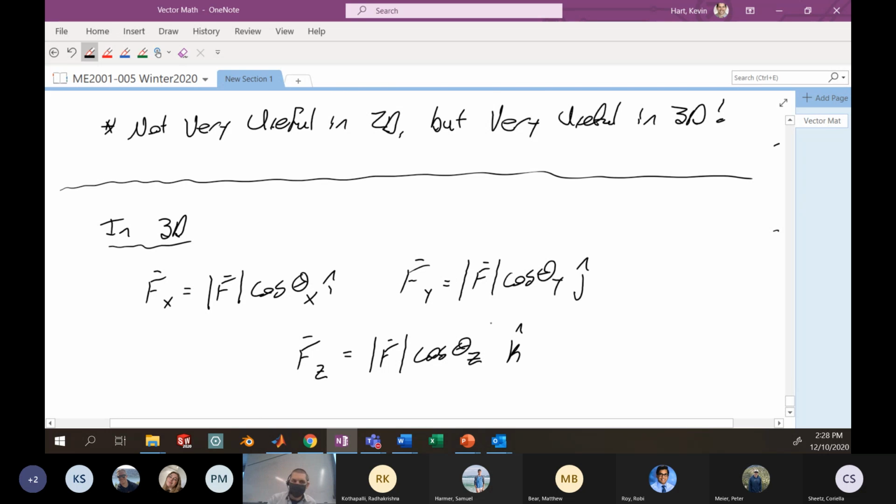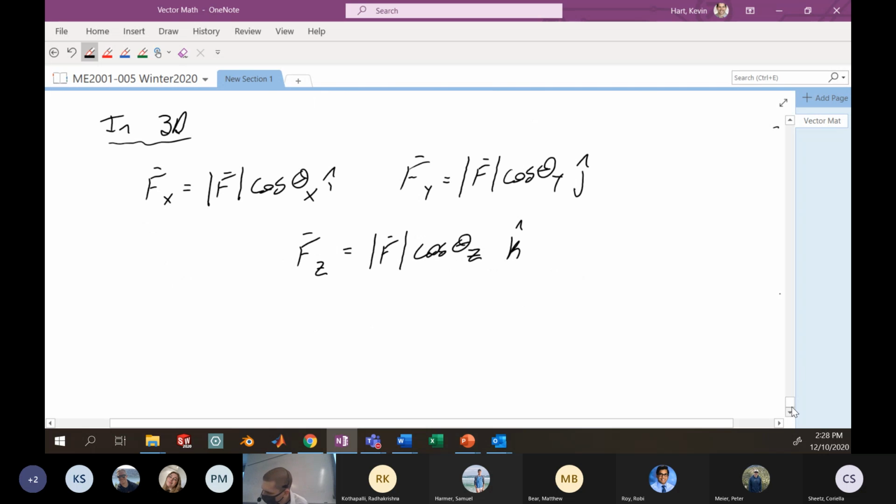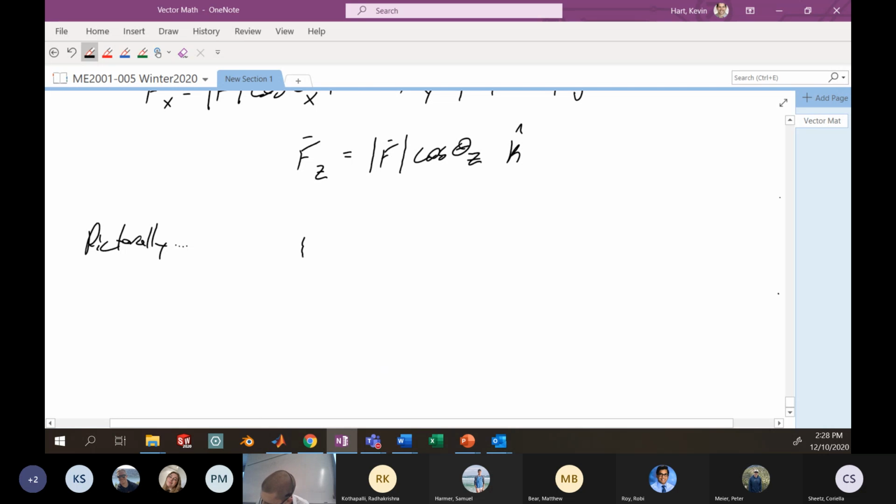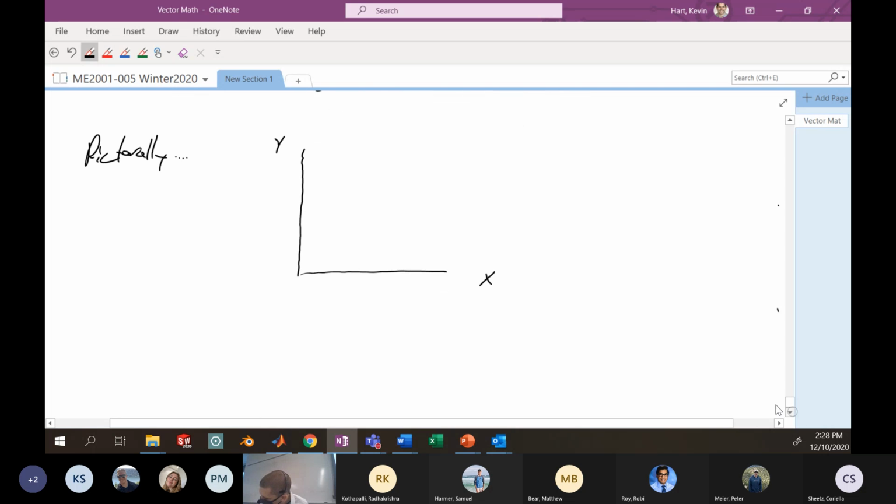Now we might want to draw a picture of this to see what this looks like in 3 dimensions. So pictorially, what this looks like is if we have, again, some 3D space, XYZ, and we've got some force that exists in that space.